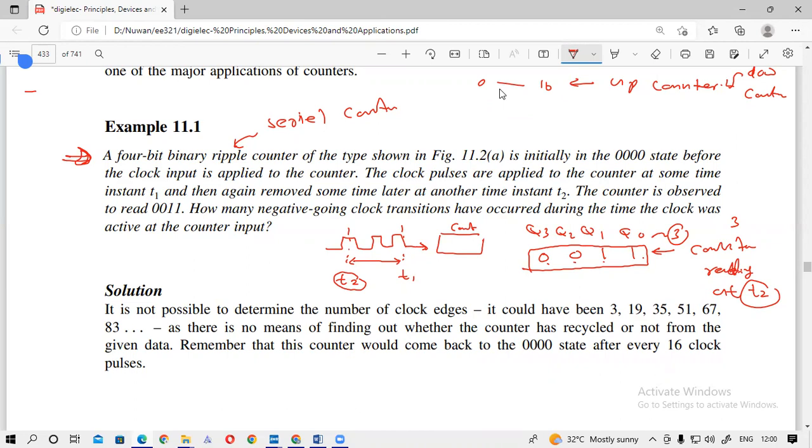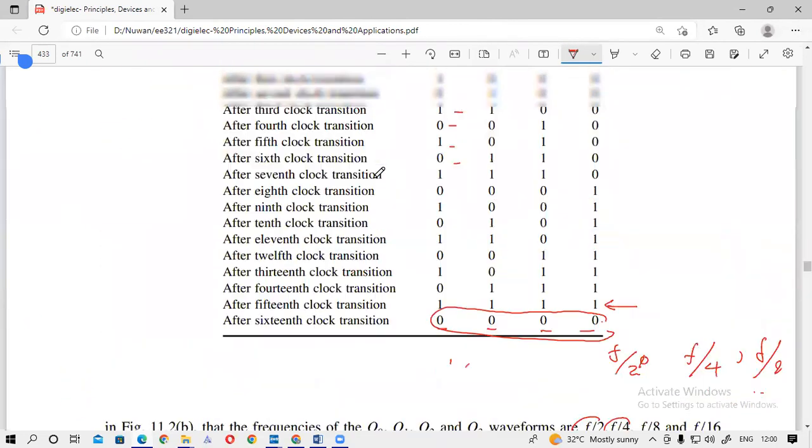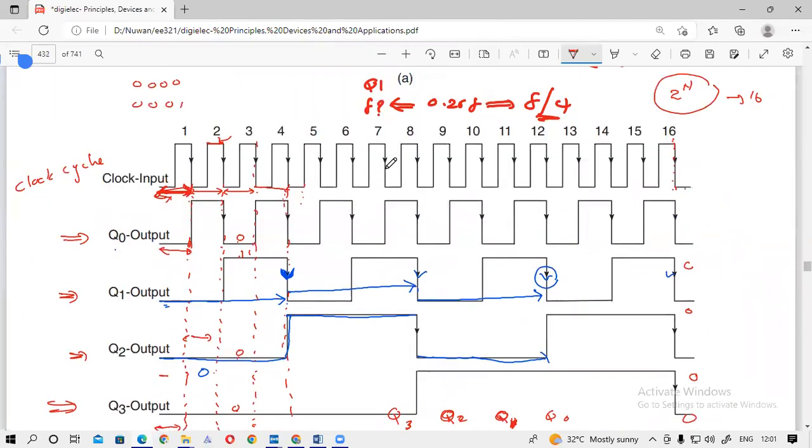Negative edge means you can see these are negative edges. So this is one clock, and for the next one it will be another clock, and then the next one another clock. So these are negative edges.